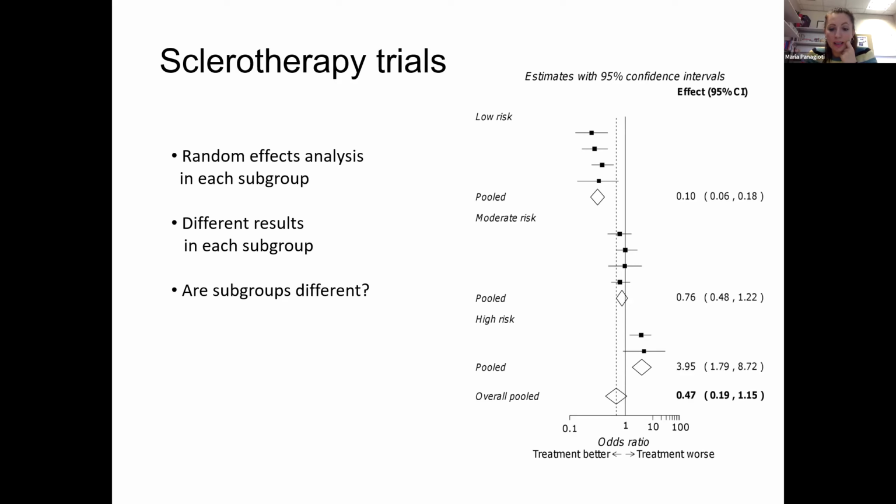What we see is that for studies that are high quality, we see a significant positive effect. The treatment is almost 4 times better than the control. But when we look at the studies with moderate and low risk, we don't see that effect, and actually the low quality studies show almost the opposite effect.